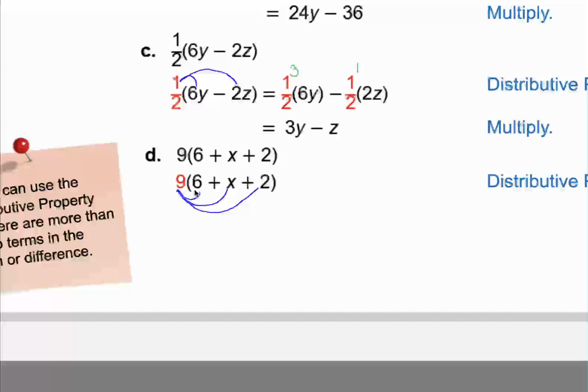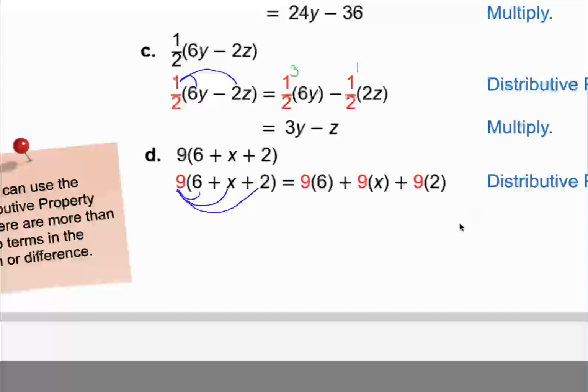So 9 times the first is 9 times 6, and 9 times the second. Don't forget to multiply each term by 9. So 9 times the second is 9x and 9 times the third is 9 times 2.